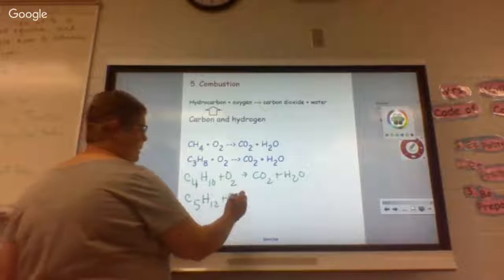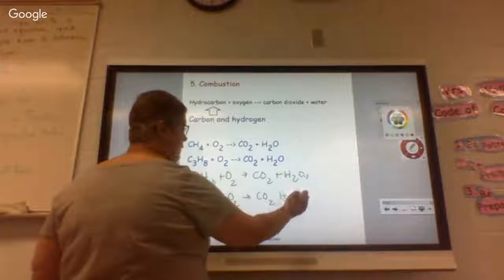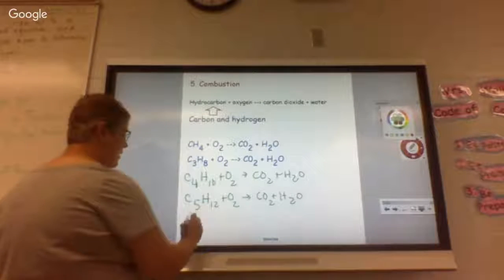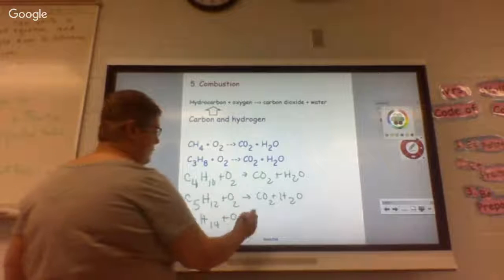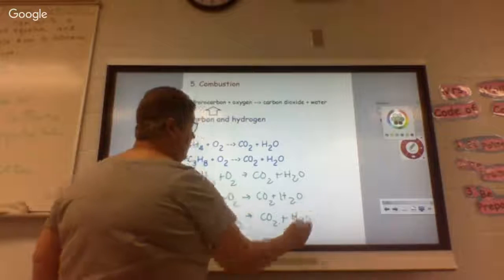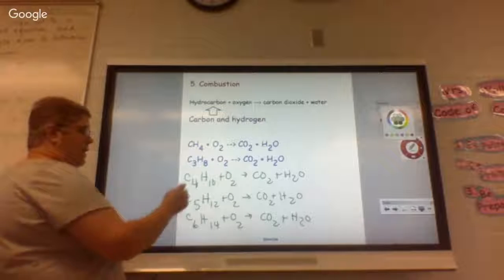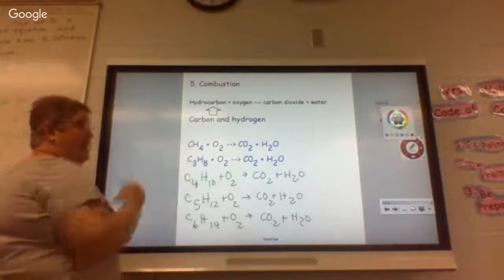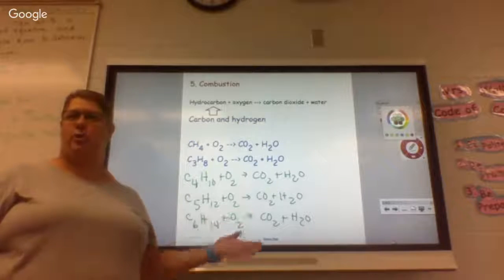Okay? That the format of the equation does not what? Change. It doesn't change. So my point is, what's the only thing that's changing when you look at this? The subscripts on the C and the H. Everything else is staying the same on the CO2 and the water.